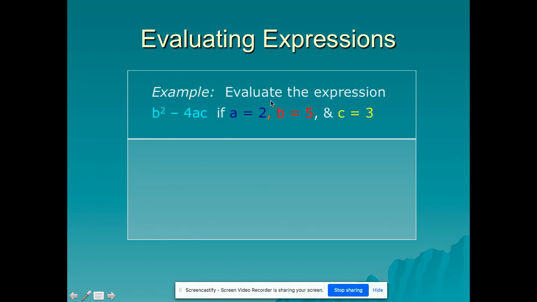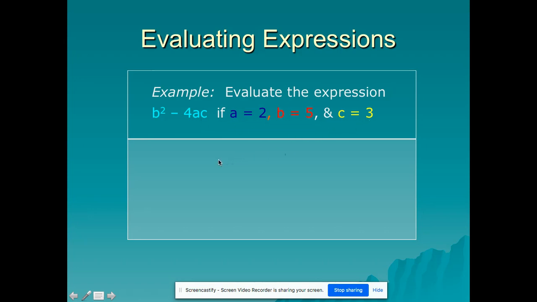Our first example says evaluate the expression b squared minus 4ac if a equals 2, b equals 5, and c equals 3. Instead of b squared, we're going to say 5 squared. And then minus 4ac: when we have a number directly next to a variable, directly next to another variable, it means that 4 is going to be multiplied by a, which is 2, which is going to be multiplied by c, which is 3.